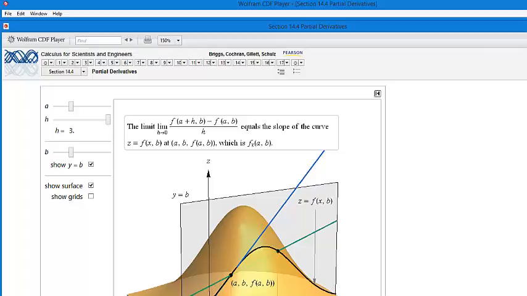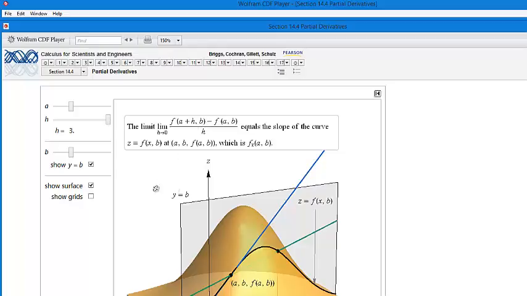Now, if you look at the picture here, well, look above. It says the limit as h goes to 0, that's our difference quotient, right? But if you notice, we still have x plus h, but you see how it says comma b? It doesn't say comma y, because we're going to say that y equals b no matter what.